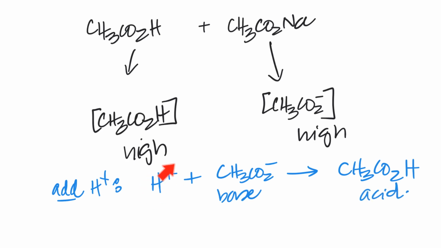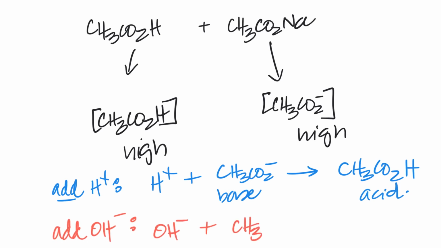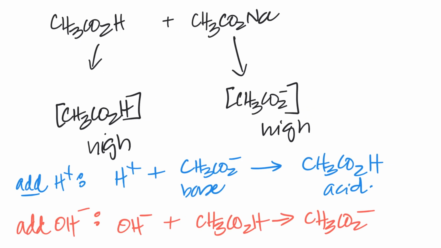But they don't stay in solution, so the pH doesn't change. Similarly, if you add OH minus ions, then they will react with the acid to convert itself into the base, and obviously it makes water also.